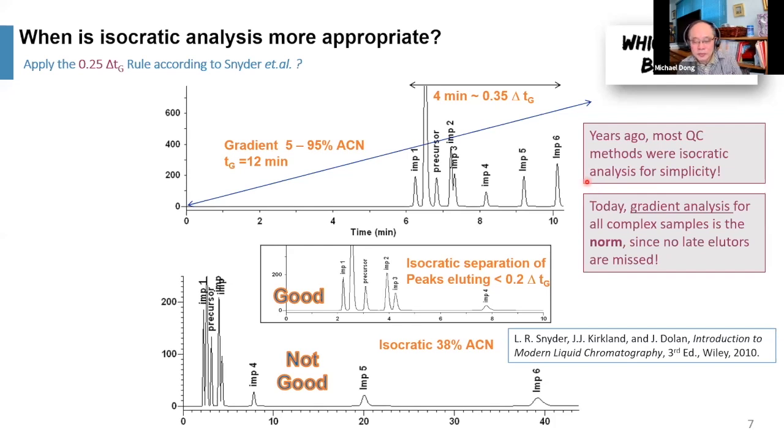They don't want something that's more complex like gradient, right? So I would say 20 years ago, all the QC tests were isocratic. They just disdained gradient, they didn't want to do it, right? And I actually have experience with a QC manager who doesn't really like gradient. But today you really cannot do that in pharmaceutical analysis because things are much more complex.